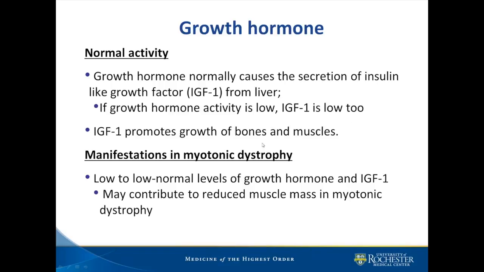And that's important because IGF-1 is important in producing adequate muscle mass and in also ensuring proper bone structure. In fact, in patients with myotonic dystrophy, and in myotonic dystrophy type 1, where it's been actually studied, there's low to low normal levels of growth hormone, and the corollary to that is that there's a low normal to decreased level of IGF-1, and this may have a role contributing to muscle weakness and wasting.